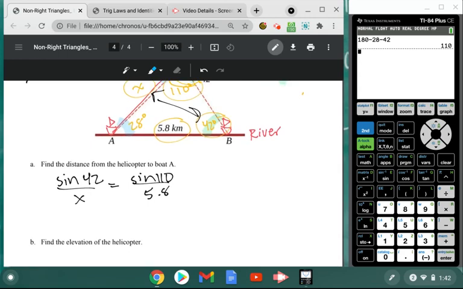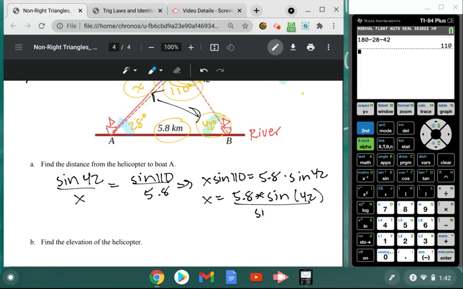So we can do a little bit of cross multiplying here. So x times the sine of 110 is equal to 5.8 times the sine of 42. So x is 5.8 times the sine of 42 divided by the sine of 110.